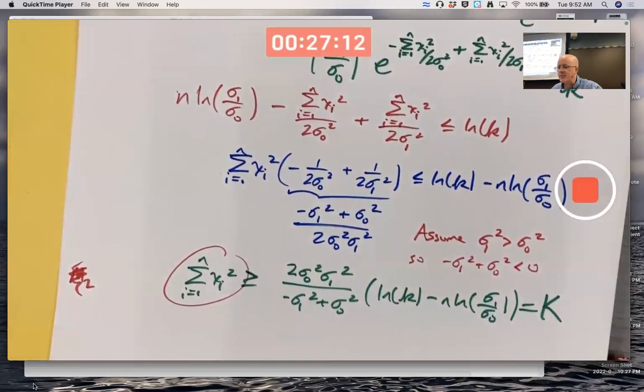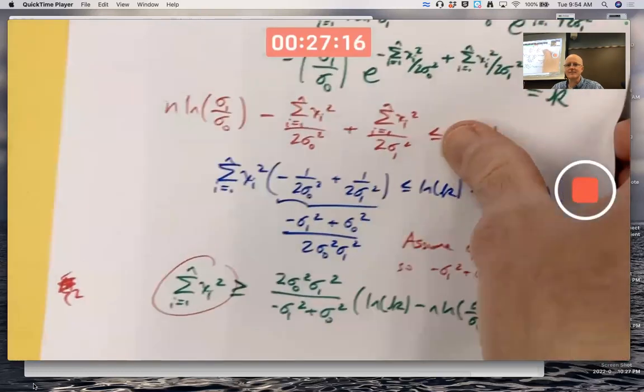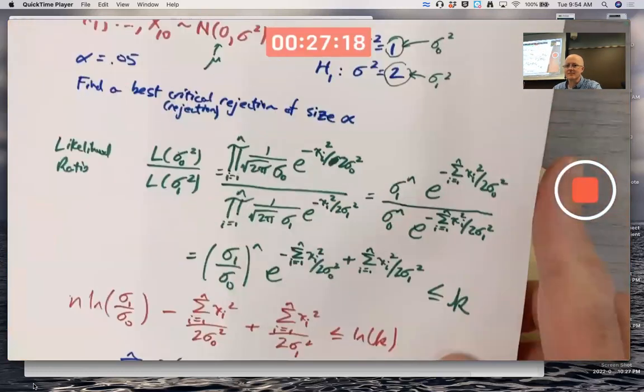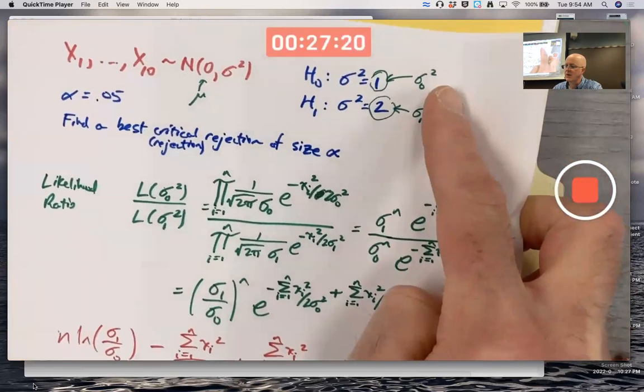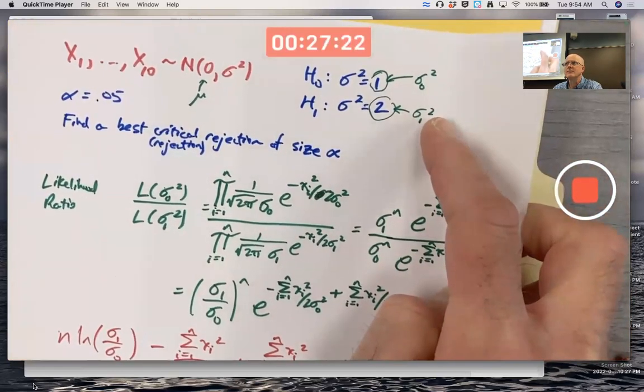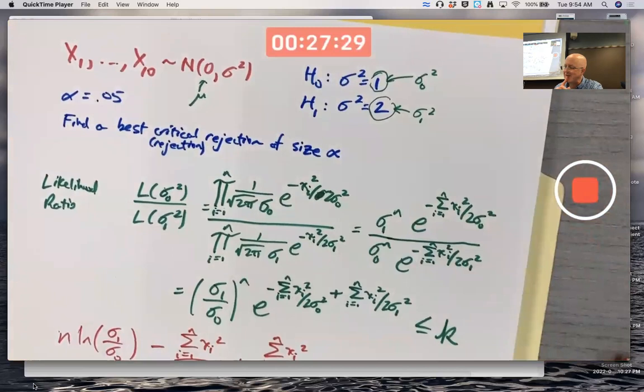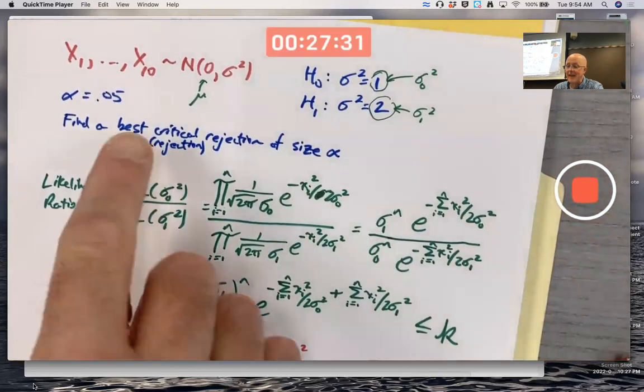How do I finish the problem? Well, one thing that would be good to do is plug in the numbers. Sigma 0 squared is 1, sigma 1 squared is 2. Sigma 1 itself would be square root of 2. Not sure if I did that when I was working through it yesterday. N is 10.